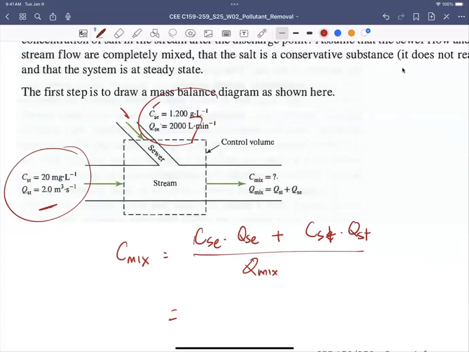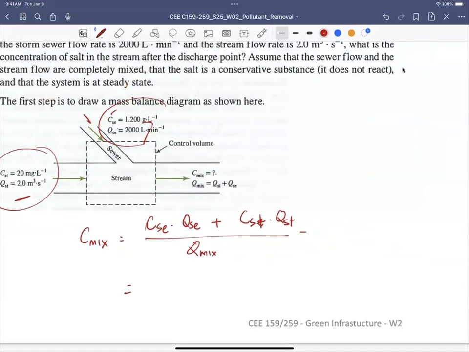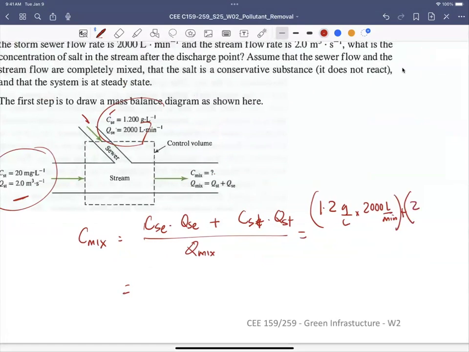So I can write this as 1.2 gram per liter times 200 liter per minute, plus 20 milligram per liter.